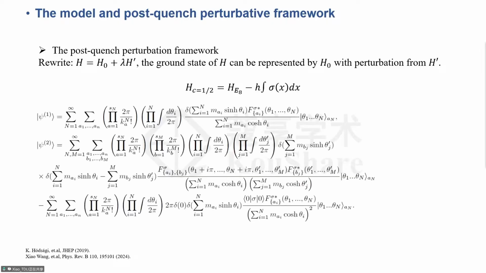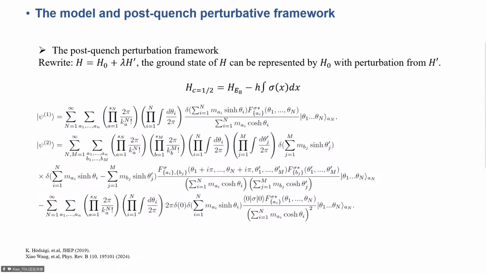This seems to be a little bit complex, but this is just the direct application of perturbation theory. So you just write down the wave function corrections in the basis of the quantum Ising integral model. In the second part of this perturbation result, there will be a delta zero.